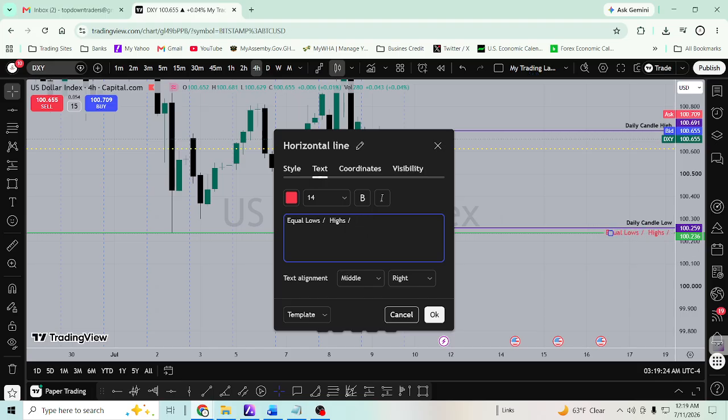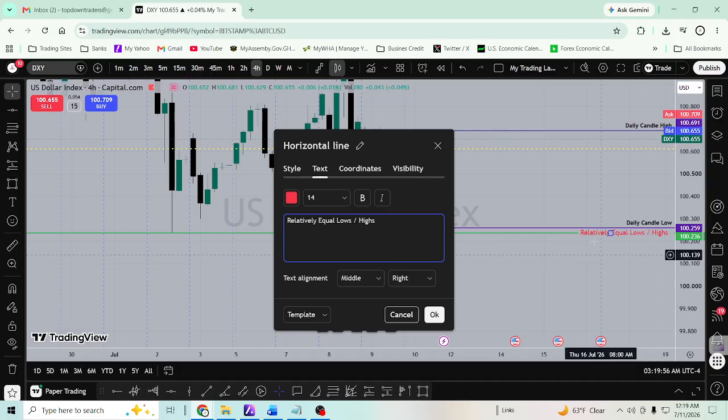Should it be resistance, or should I use it as a break of structure? I'm contemplating my definitions here, because you're going to see people online use a lot of different terminologies. So they're relatively equal lows and relatively equal highs.